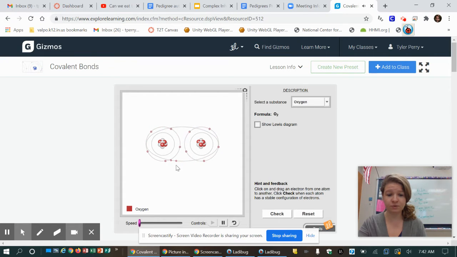Let's see. We have 2 electrons. So right now, let's hit pause. 1, 2, 3, 4, 5, 6, 7. 1, 2, 3, 4, 5, 6, 7. Not quite enough are shared because we actually need to make a double bond. So what we do is we're going to take another, maybe go this way, share it, and let's see what we have.